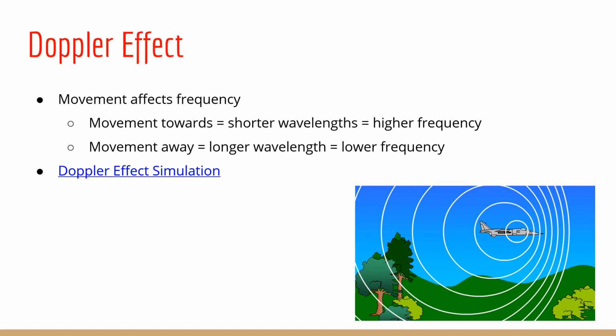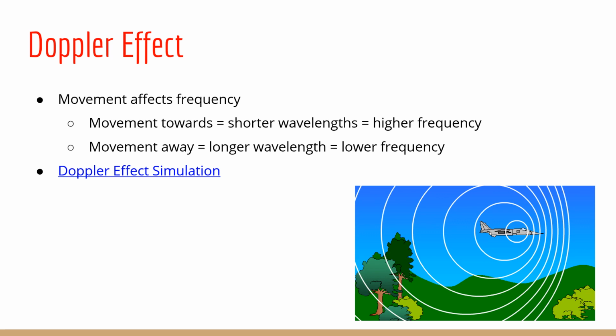You can think about this using the example of an ambulance. If you've ever heard an ambulance coming towards you with its siren on, you can notice that its frequency or its pitch tends to increase as it's moving towards you, but as soon as it passes you, the pitch and the frequency of the siren decreases. And that's pretty analogous to how light behaves in the universe.